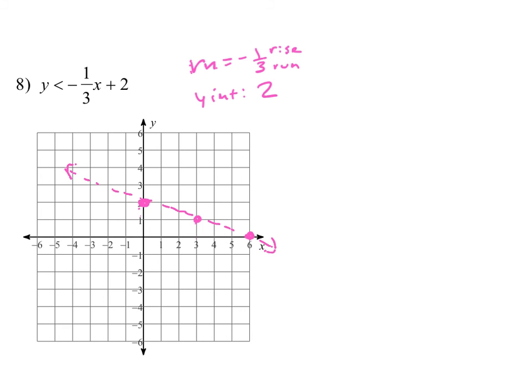Yes. So are we going to shade above our line or below our line? Above it. So we shade on the side with 0, 0. And since 0, 0 is below, we shade below. So when it's true, we shade where 0, 0 is. If it wasn't true, we would shade on the opposite side that does not have 0, 0.